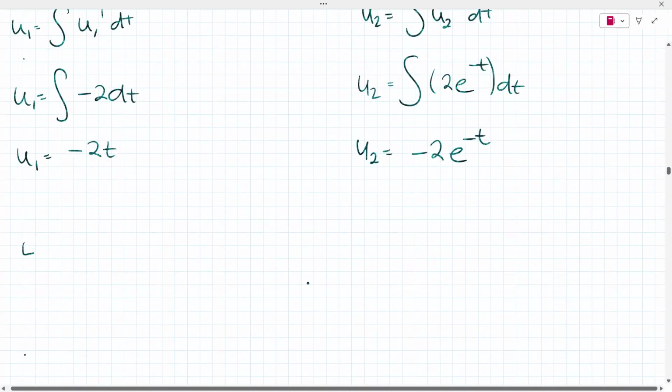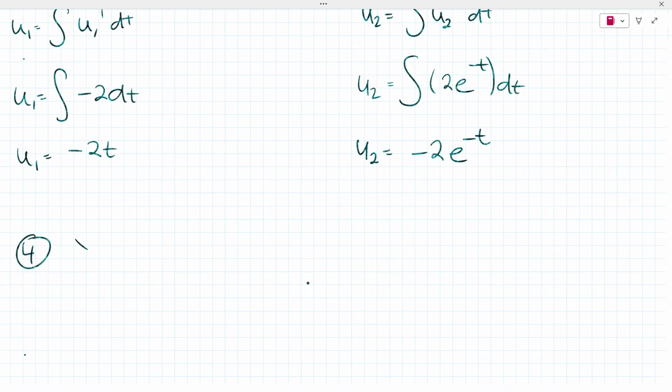Okay, step 4. So now let's find our yp. Our yp is u1 times y1 plus u2 times y2. We have everything we need.